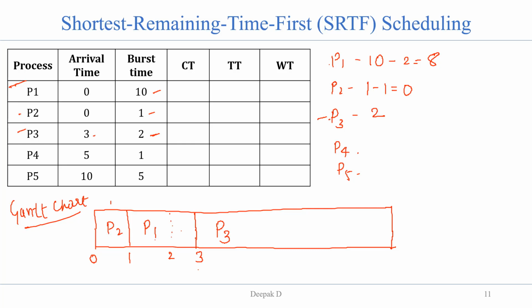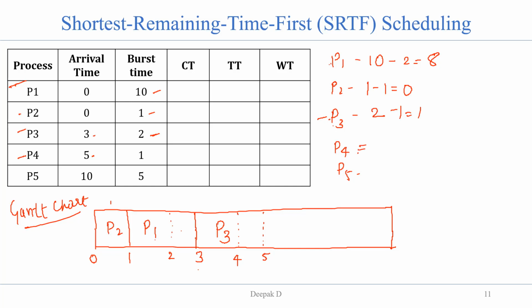Now P3 will execute for 1 millisecond and check whether any other process has arrived. At the 4th millisecond no other process has arrived. So again it is compared with P1 and P3. P3 has the shortest remaining time, so I execute for 1 more millisecond. At the 5th millisecond P4 has arrived.